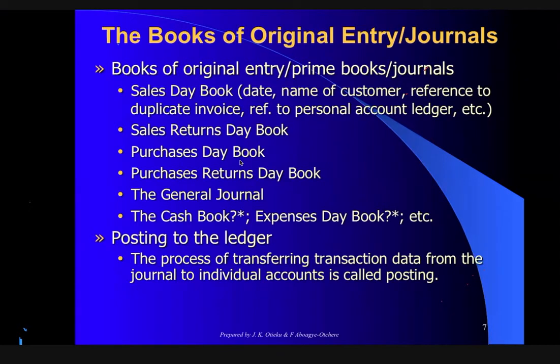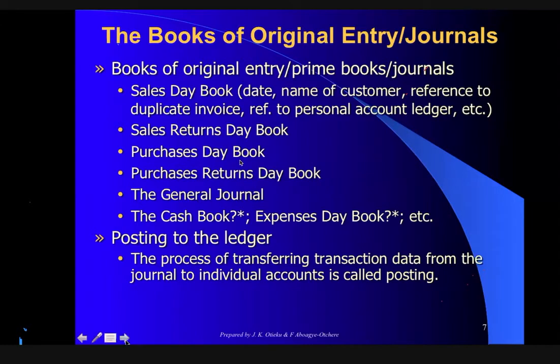In posting, you transfer everything that relates to those individual accounts to the respective accounts that carry them. So you now see specific names: everything relating to Adjoa in one account, everything relating to everybody who is your creditor. It's the process of transferring the transaction data you've already recorded chronologically in your journals to the individual accounts.